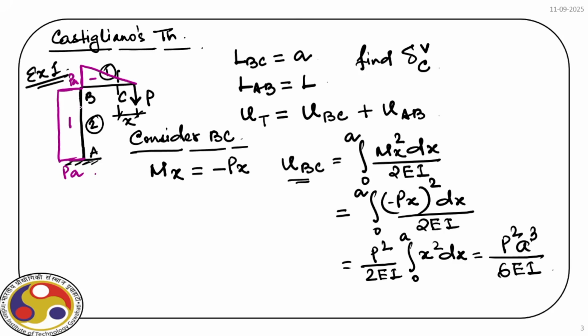Now for this part, if we consider a section at a distance say y from the point B, for that we can find out what is the moment. So My is equal to P times A, and obviously this is also hogging. Therefore, the bending strain energy in the component AB is 0 to L, that is the full length.